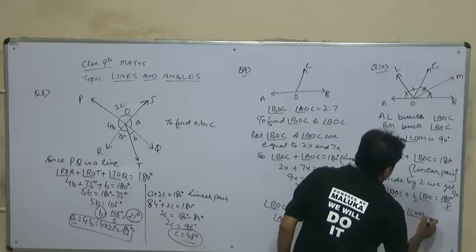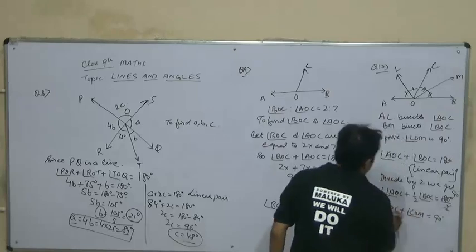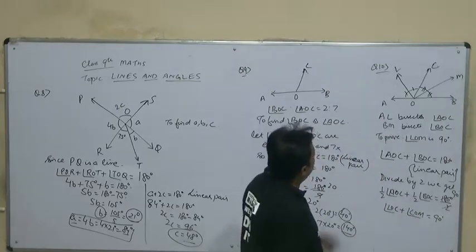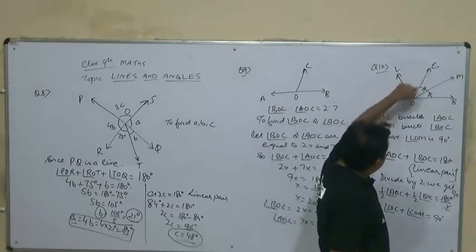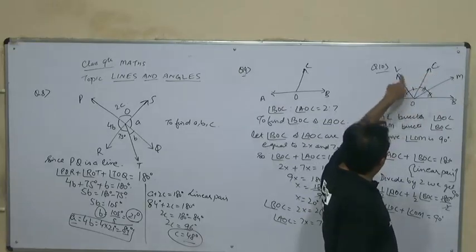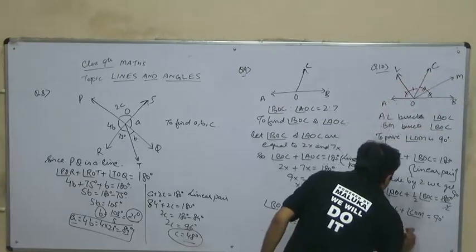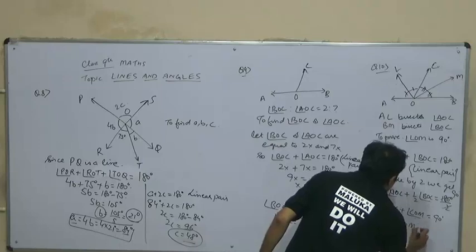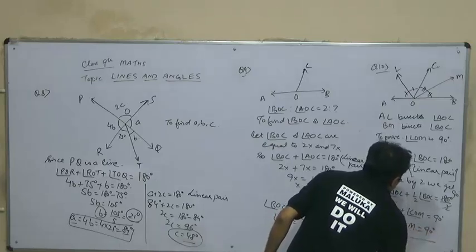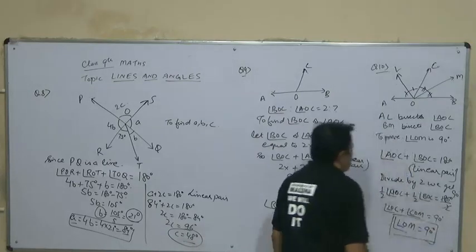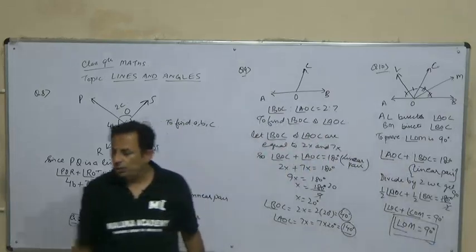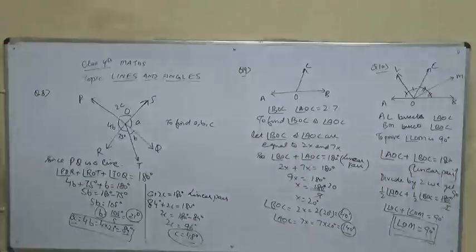So LOC plus COM is equal to 90 degrees. And what is LOC plus COM? This becomes LOM. Angle LOM is equal to 90 degrees. So this is what we wanted to prove, that angle LOM is equal to 90 degrees.